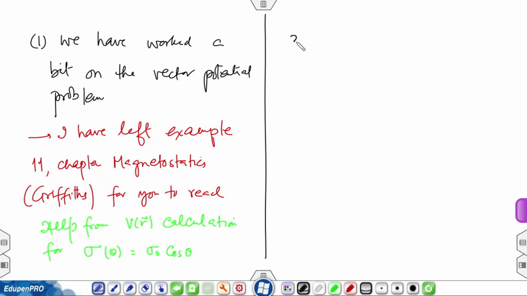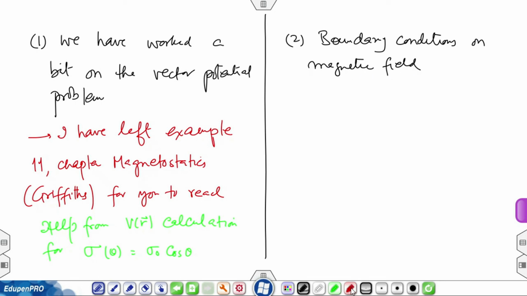And 2, we have derived boundary conditions on magnetic field, and that gives me that B perpendicular is continuous.